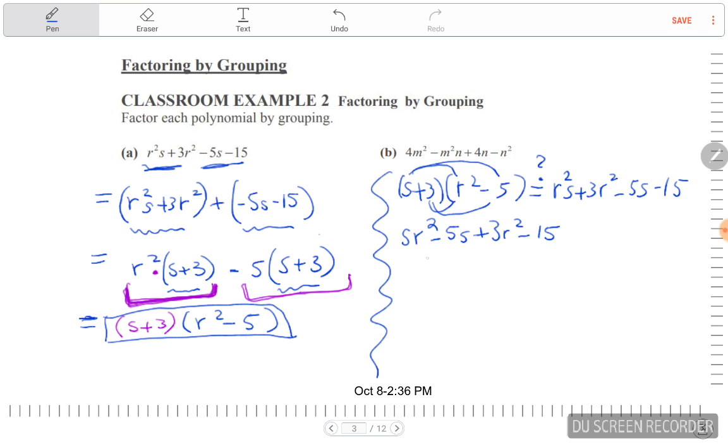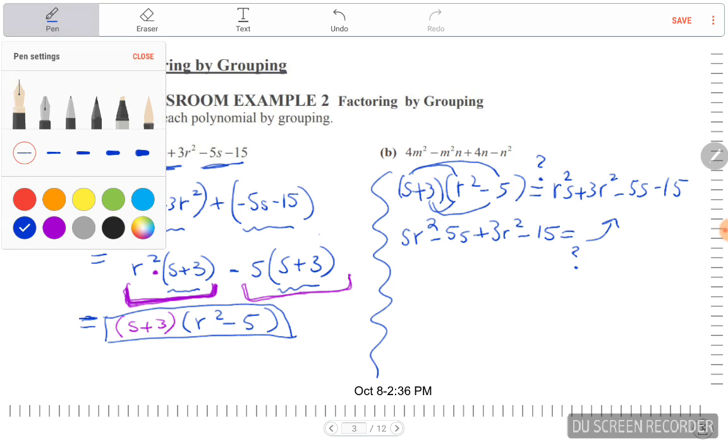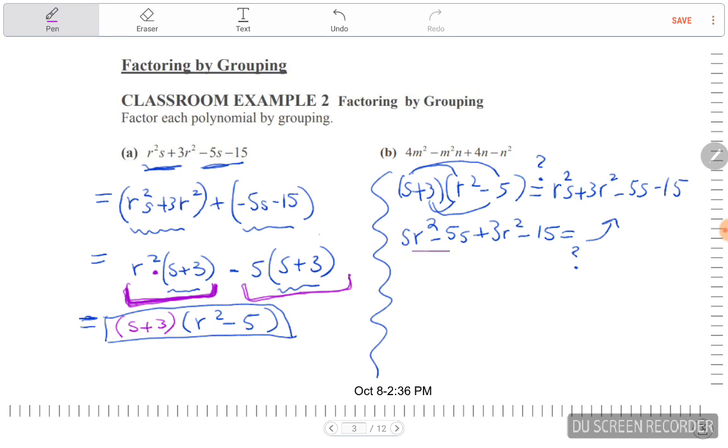Alrighty, let's check. Is that the same thing as what I had over here on the right? Okay, so let's first look at the first term here. So I have s and r squared. Here I have r squared s, and we all know that multiplication is commutative. In other words, 2 times 3 equals 3 times 2. And so I have one term down that's correct.